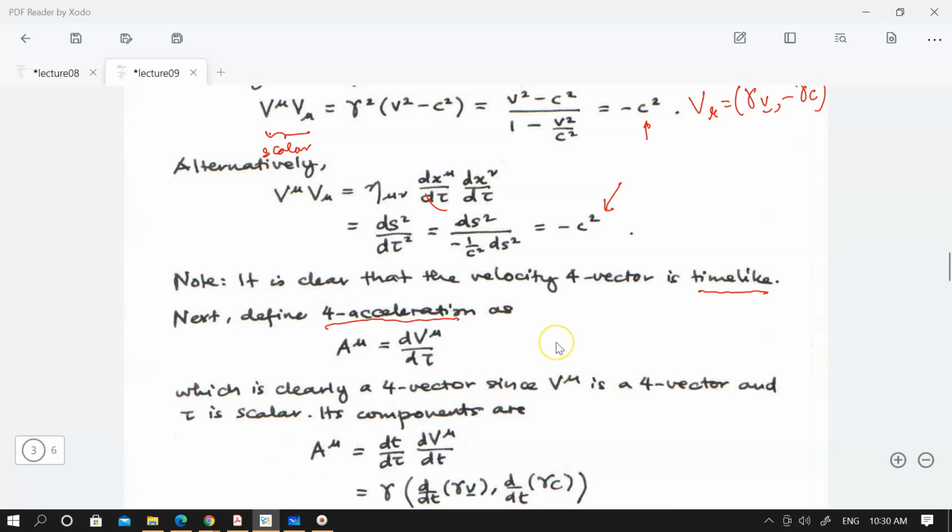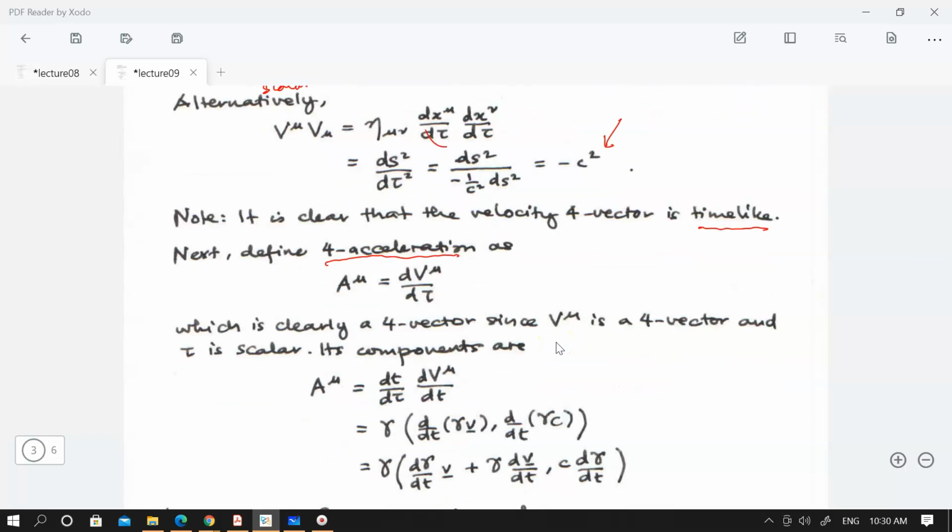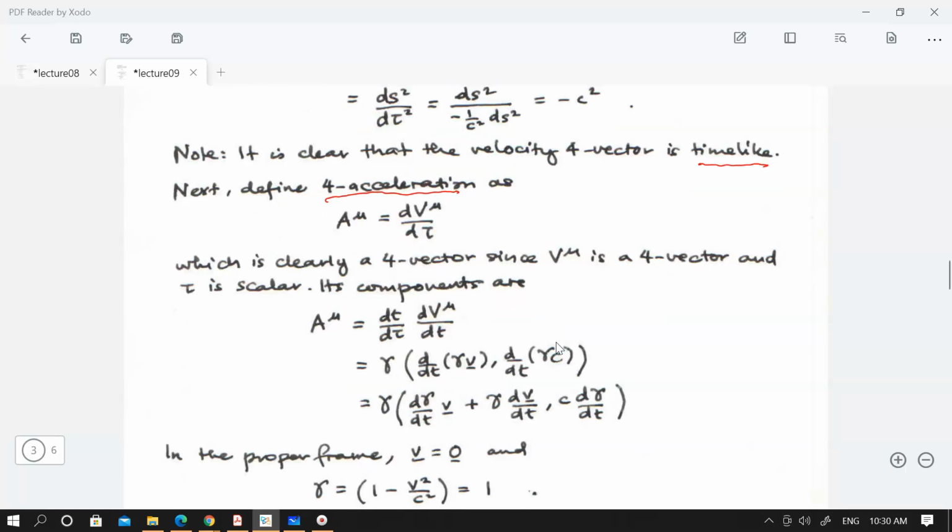You can check for yourself that this again transforms like a proper vector using the Lorentz transformation. It's obvious because this is already a 4 vector, and this is a scalar, so that means a mu must be a 4 vector.